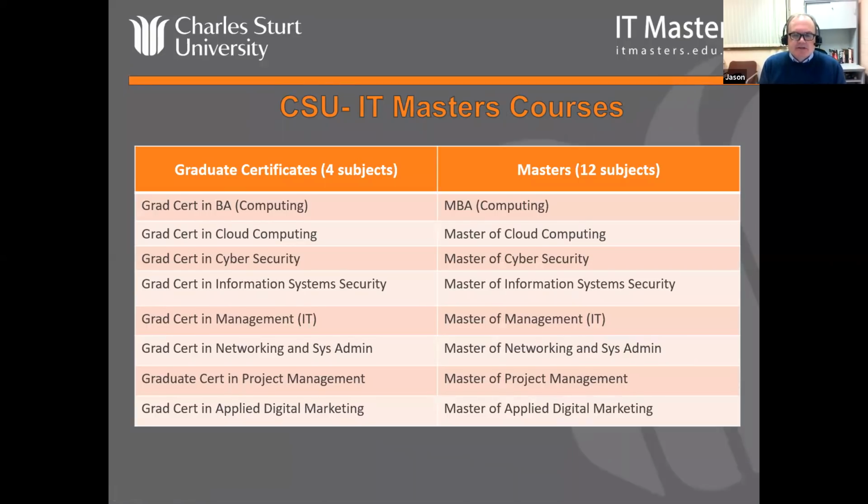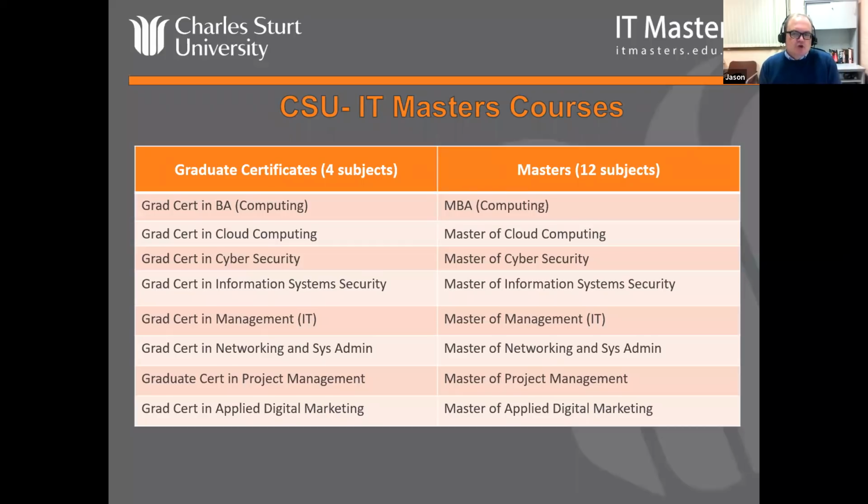And how this is arranged, you can see there on the screen that we have masters on the right. They're typically of 12 subjects duration, and each master's is also accompanied by a graduate certificate. So if you don't have an undergraduate degree but have industry experience, what you would do is enter through the graduate certificate. So for example, the graduate certificate of cloud computing, and you would do the 4 subjects there.